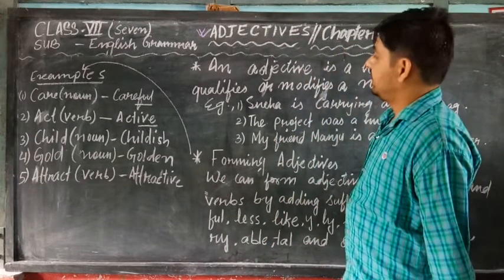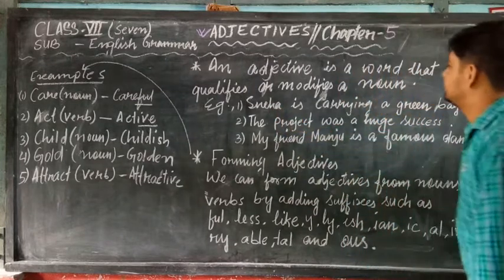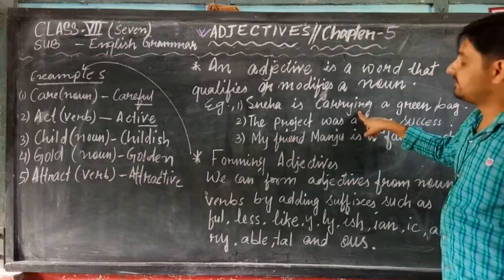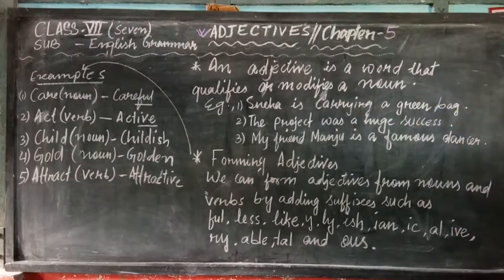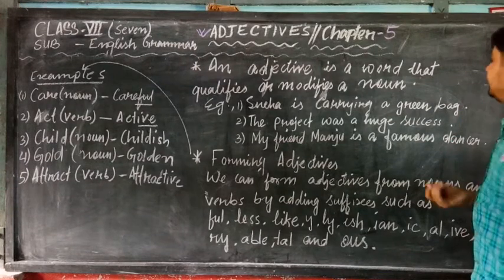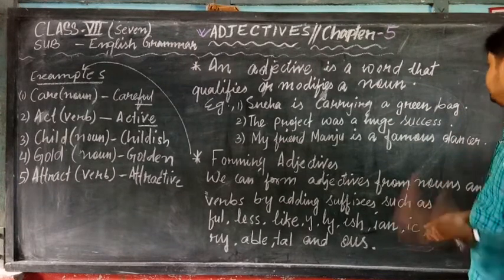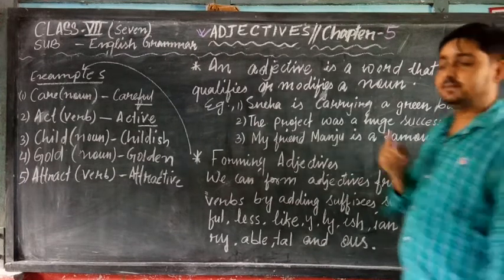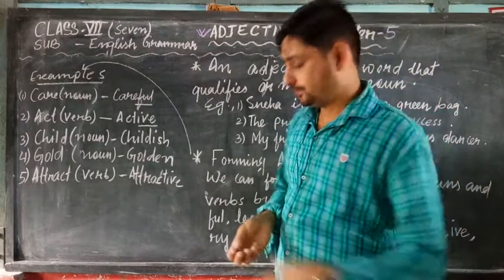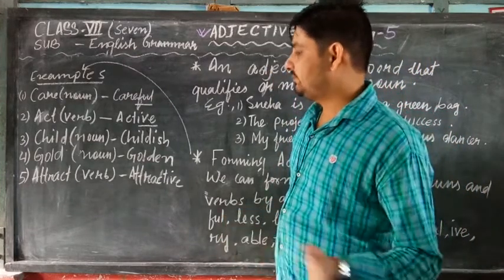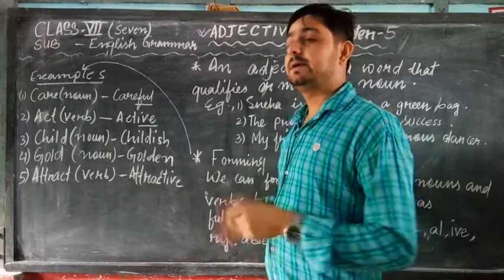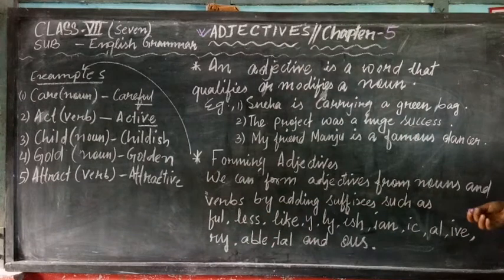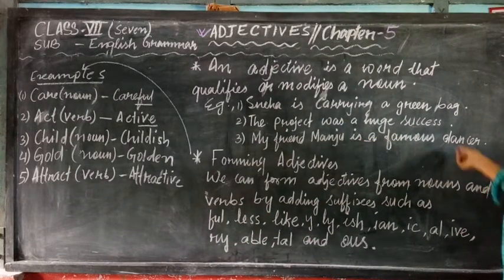Take an example: Sneha is carrying a green bag. In this sentence, which word is qualifying a noun? Generally, an adjective is placed between a determiner and a noun.